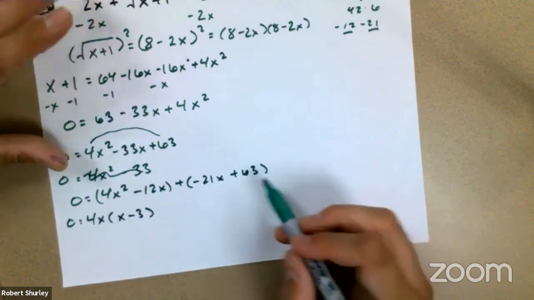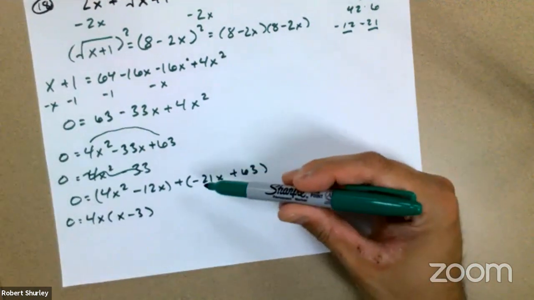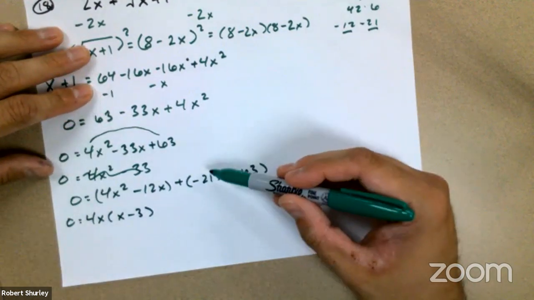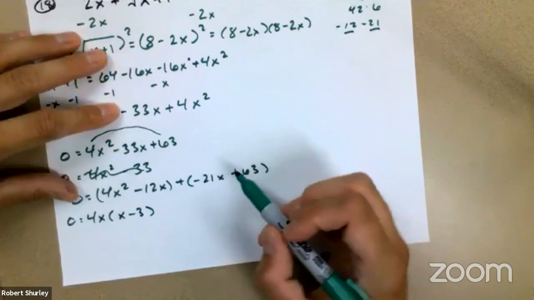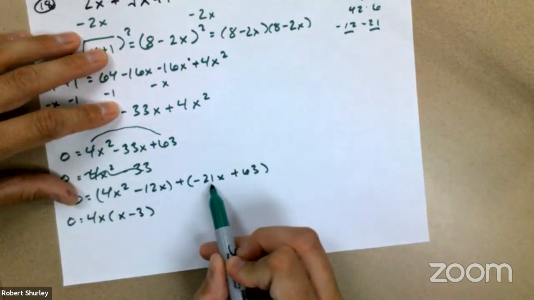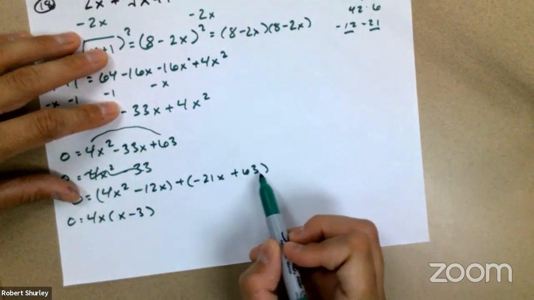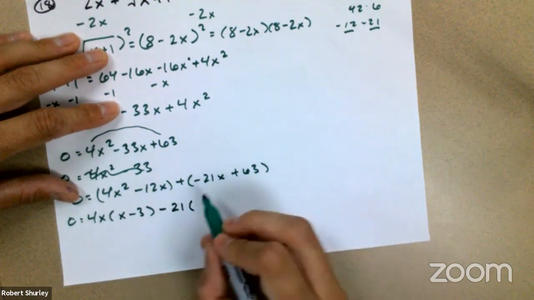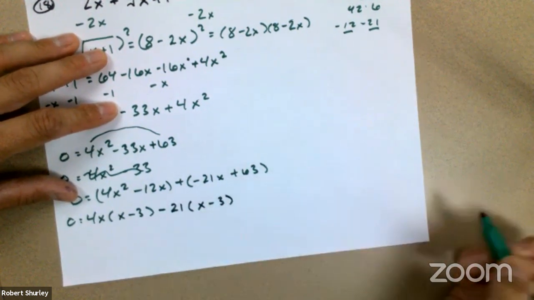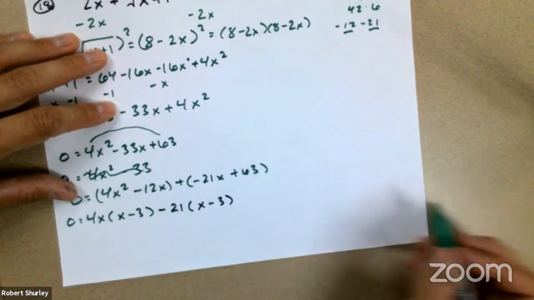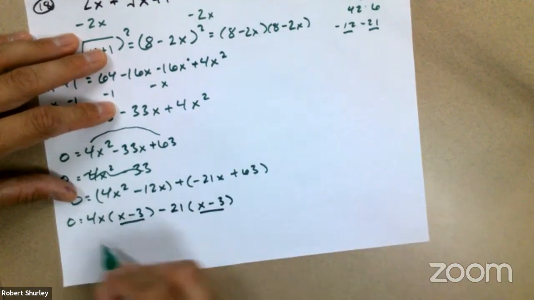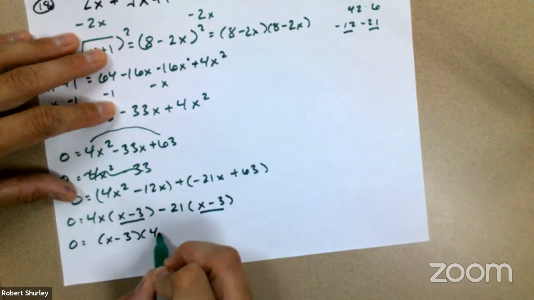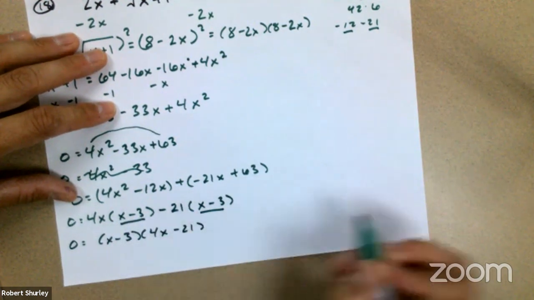The second group, the 63 is divisible by 21. 63 divided by 21 is just 3. So we need that second term to be negative, so I'm going to factor out the negative 21. And I wind up with x minus 3. These match. So we get x minus 3 times 4x minus 21.